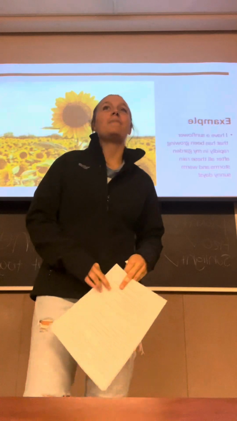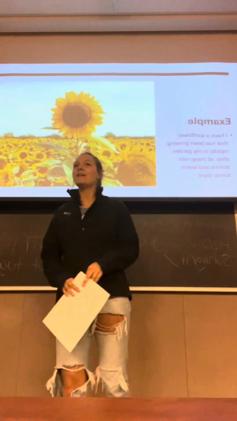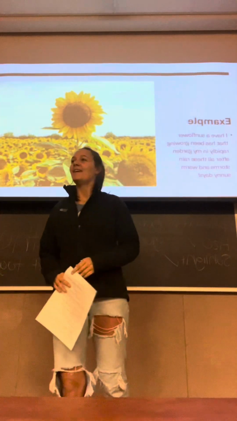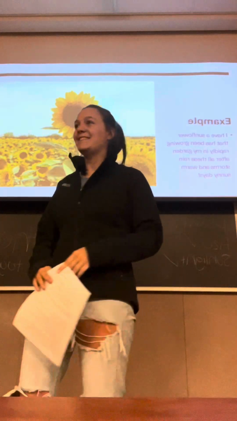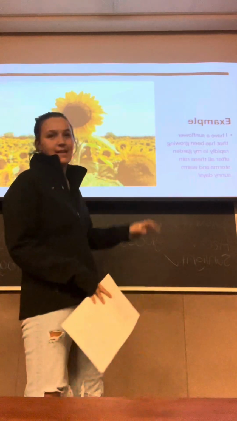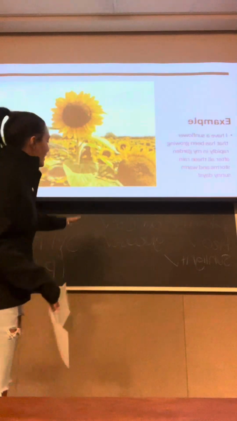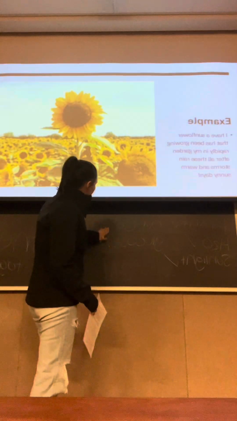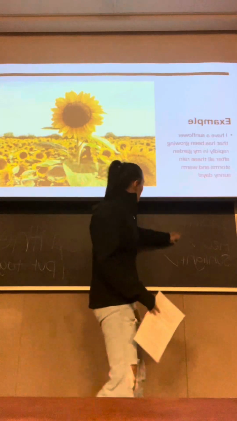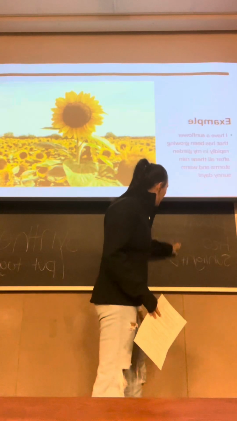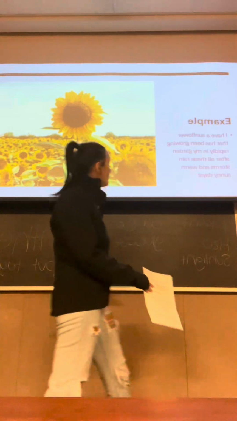Be ready to hold it up in 3, 2, 1. Good. Yes, this is absolutely an example of photosynthesis. And we're going to use the same checklist over and over again to go through our examples. Let's go to our next example.